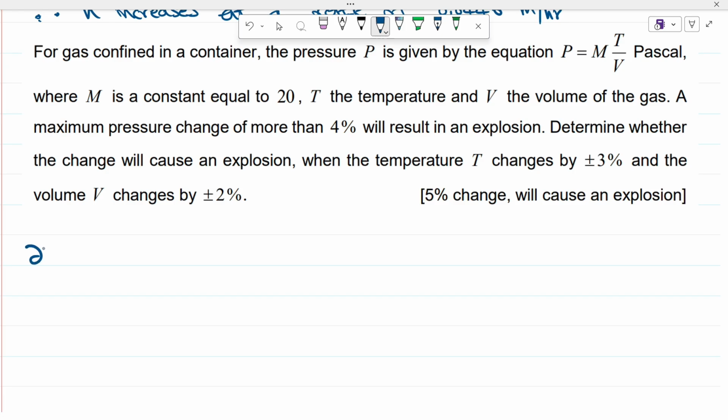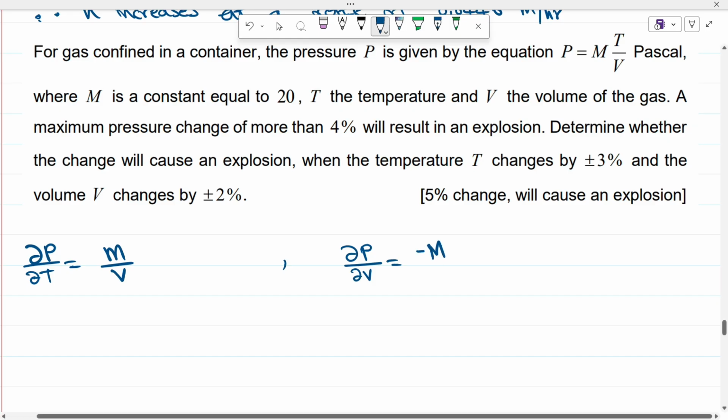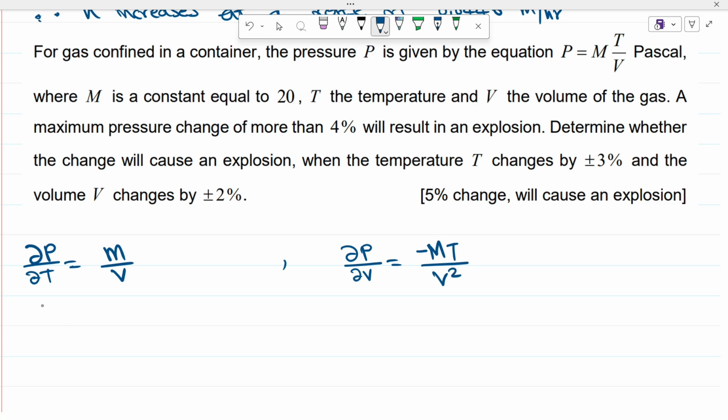The partial derivative of P with respect to T first is m over V. And the partial derivative of P with respect to V is negative mT over V squared.